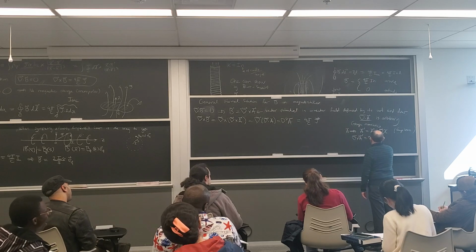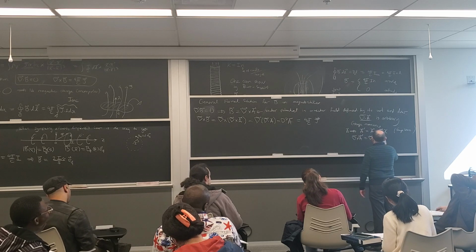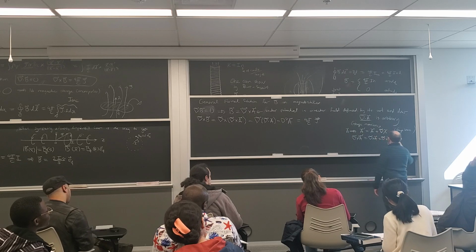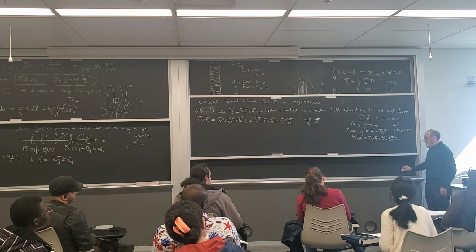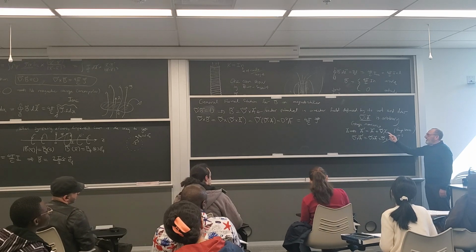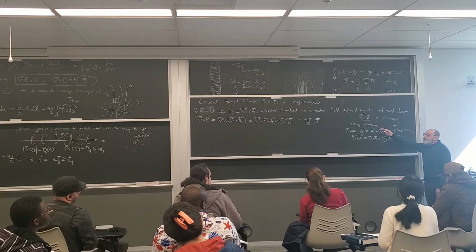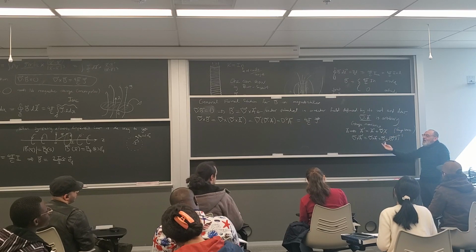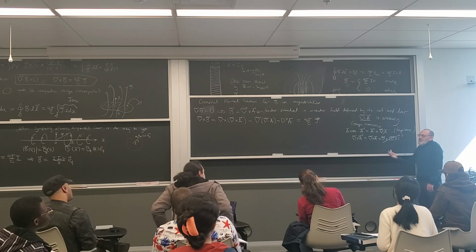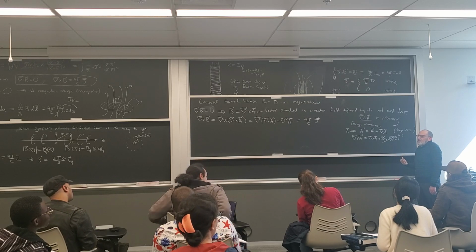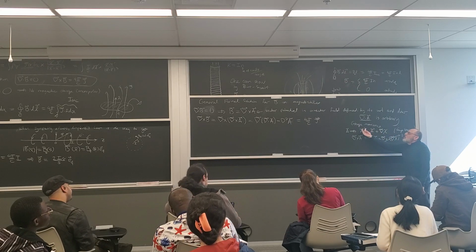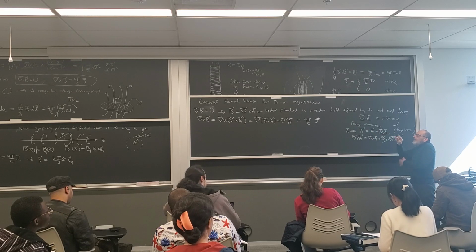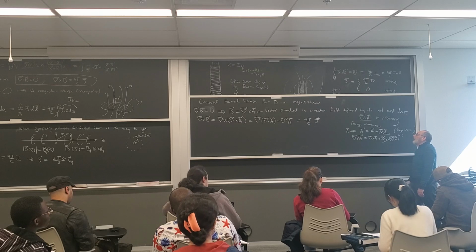Well, that's the curl of A plus the curl of this thing. What's the curl of that? 0. This field has no curl. So since I haven't changed its curl, I haven't changed the magnetic field.